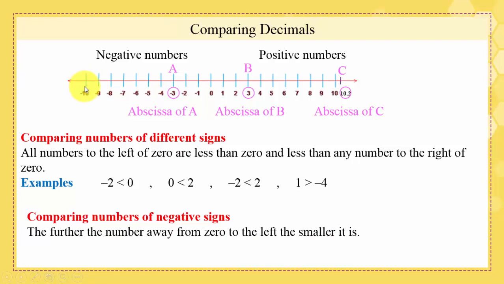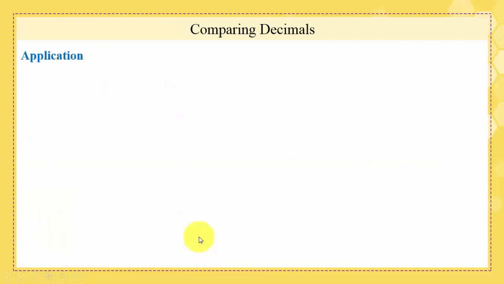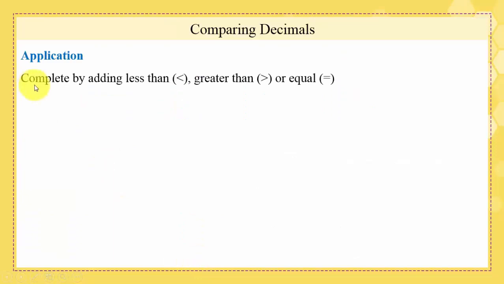And as it becomes nearer to 0, it becomes greater. Example: minus 7 is less than minus 2, since minus 7 is further than minus 2 from 0. Minus 1 is greater than minus 5, since minus 1 is nearer to 0 than minus 5. Application: compare by adding less than, greater than, or equal.